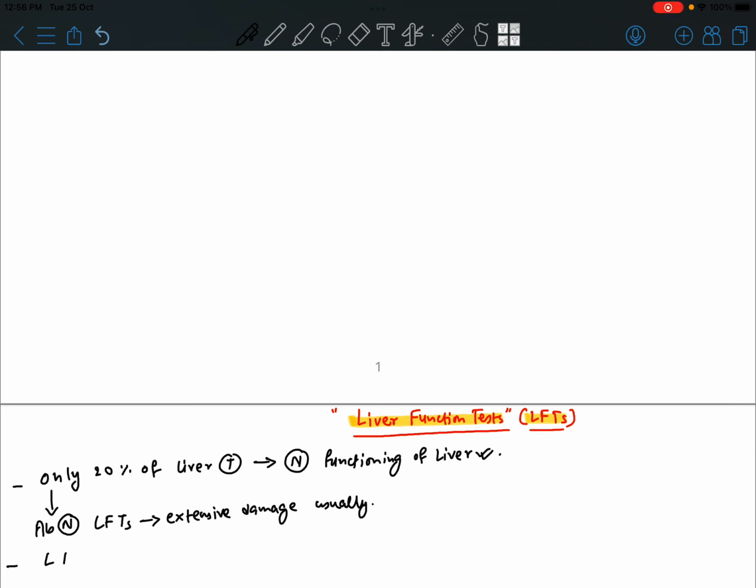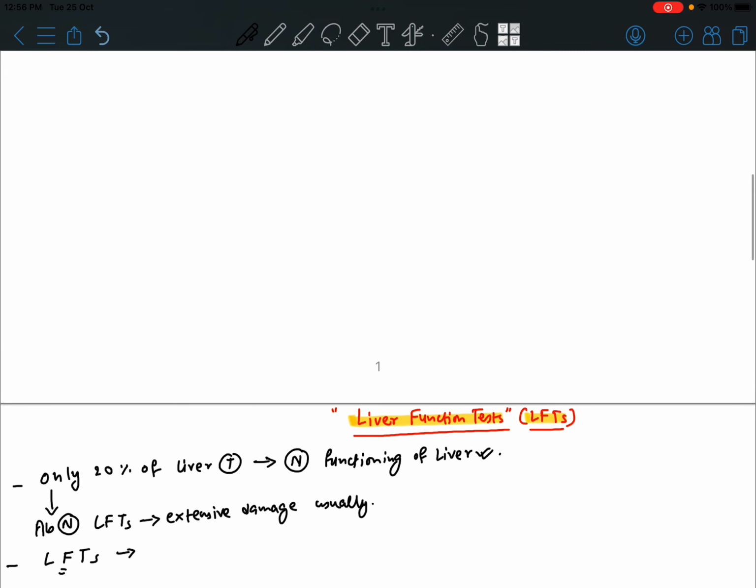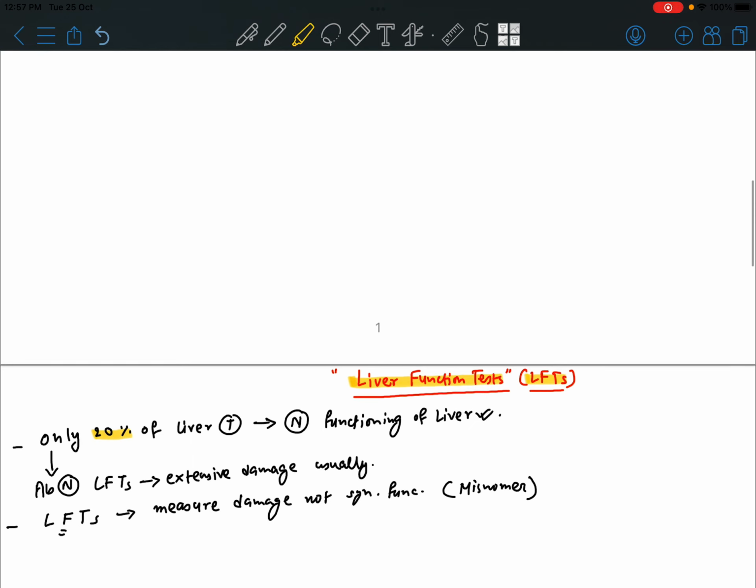So liver function tests do not measure synthetic functions of the liver but rather measure damage, not synthetic functions, hence a misnomer.